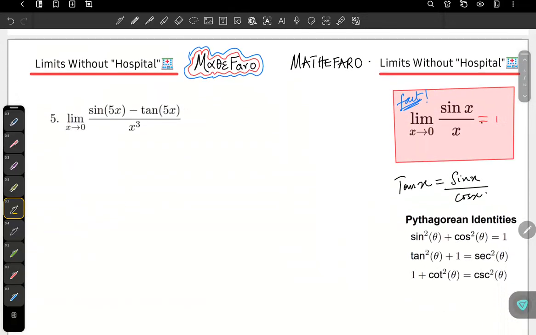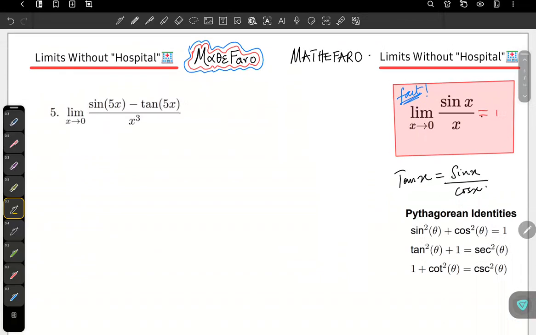For this last question, again, as usual, when we try direct substitution, which is always the first thing to try, we plug in x equals 0 into the expression.